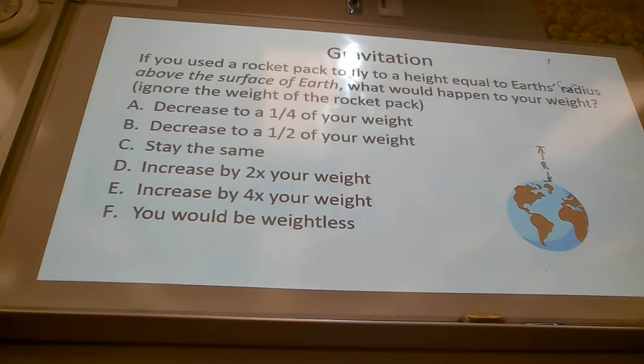Have a conversation. The radius is double, right? Probably. Yeah.